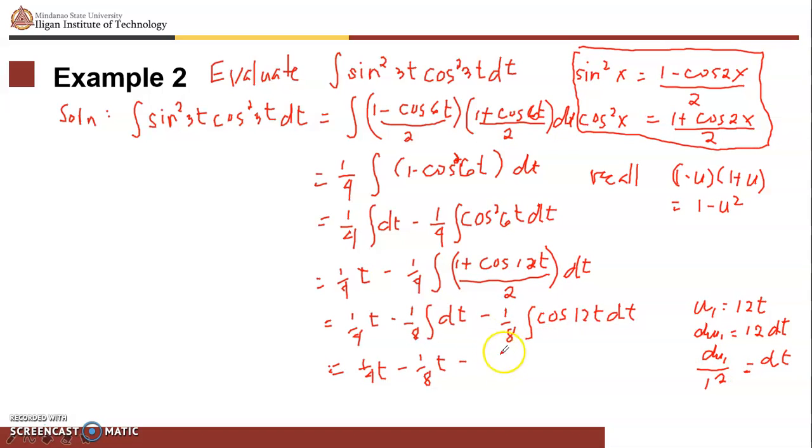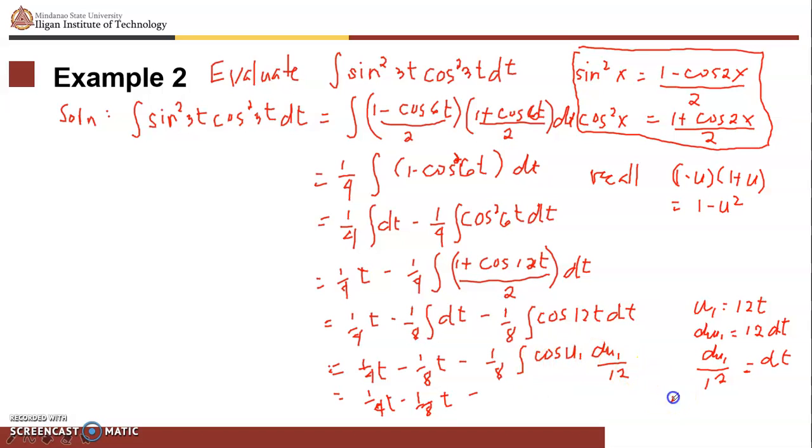So we can replace this as 1/8 integral of cosine of u sub 1, and your dt is replaced by du sub 1 over 12. So that should give us 1/4 t minus 1/8 t minus, okay, notice that you have 8 and 12 there.